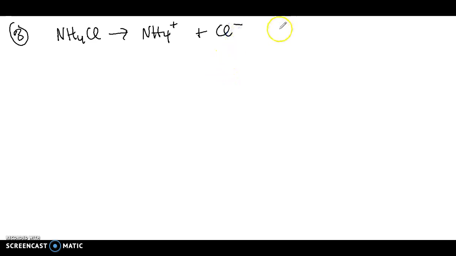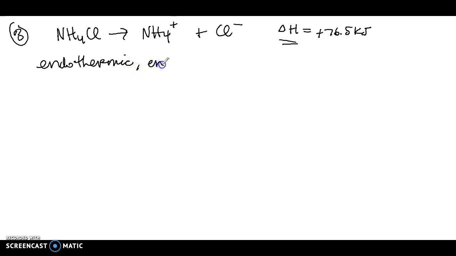Since it tells me the delta H is positive 76.5 kilojoules, that's telling me that it's endothermic, meaning that energy came into the system. That's going to put the energy term on the reactant side, because I have to add energy into the system in order to make the reaction progress.